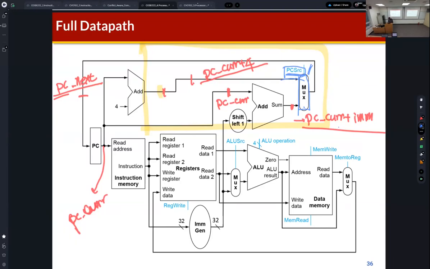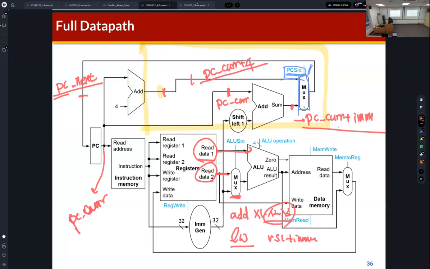You can observe another multiplexer here. Why? For an R-type instruction like add x1, x2, x3, two register operands are required, right? One comes from read data 1, and the second one comes from read data 2. But sometimes we use load word, which is an I-type instruction, and we need to perform RS1 plus immediate.